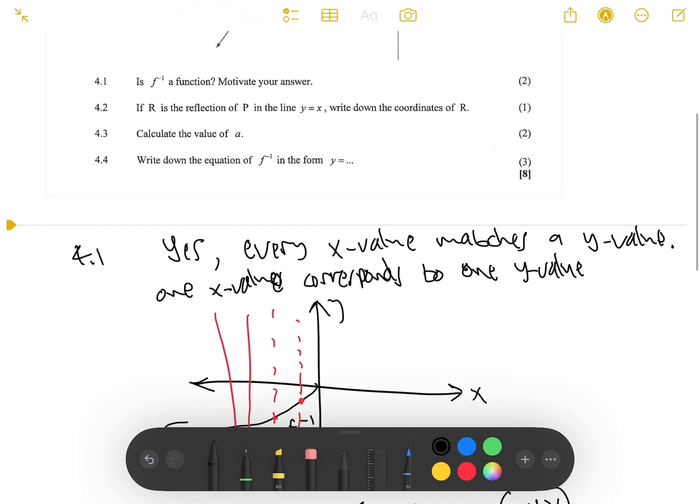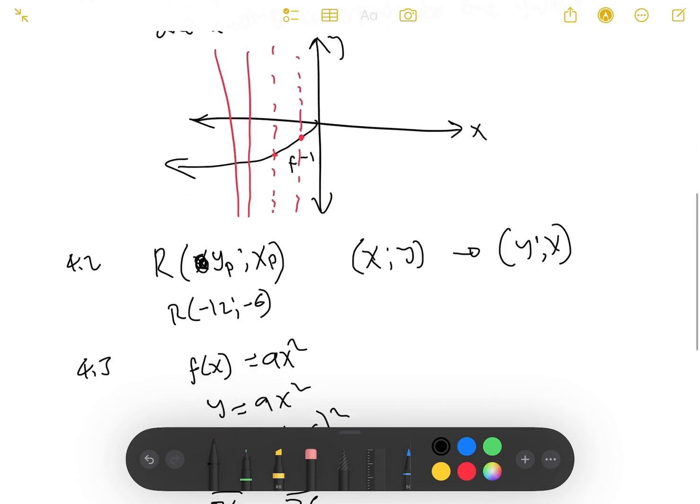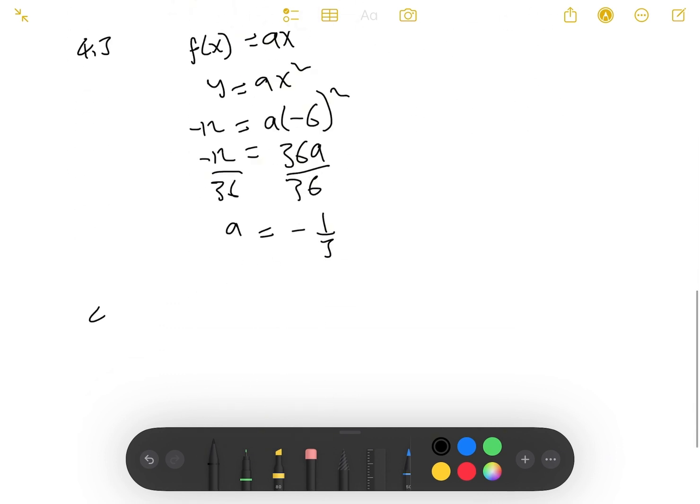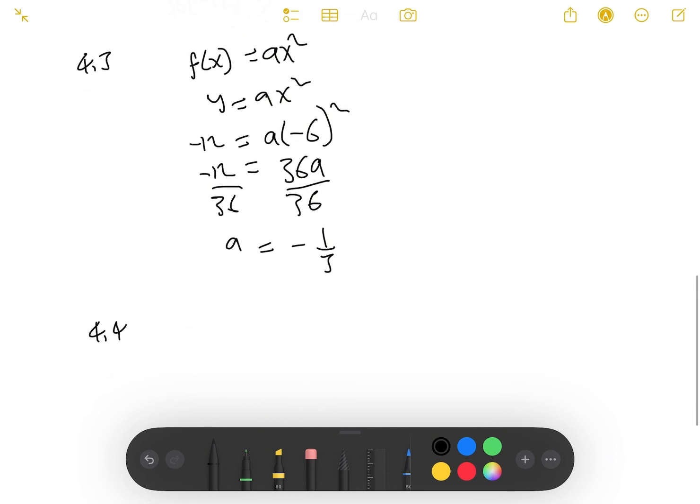Now let's move to 4.4. They say write down the equation of f inverse, the inverse graph, in the form y equals. Now we know that f of x equals negative 1/3 x squared.